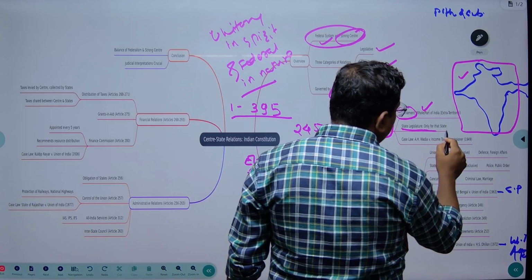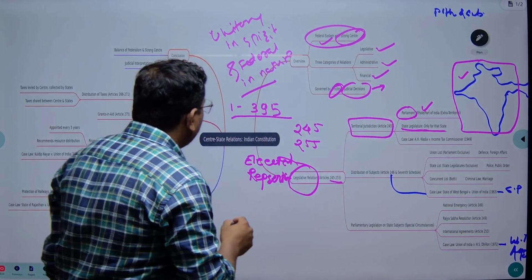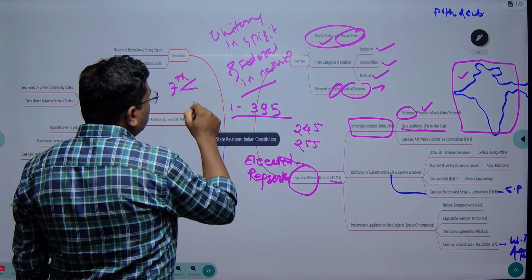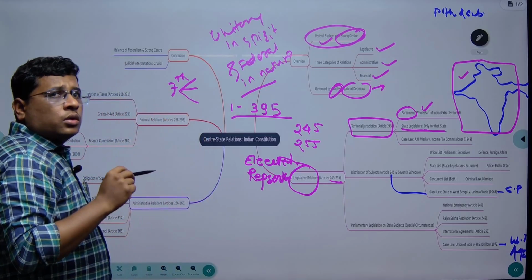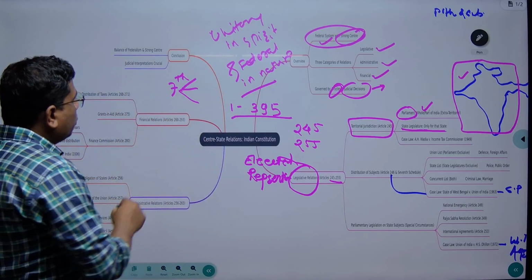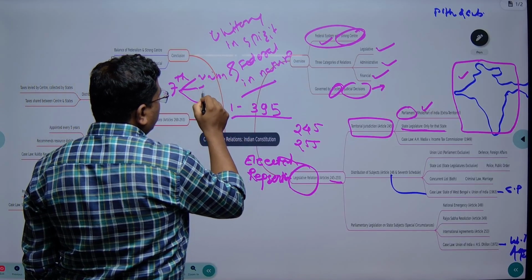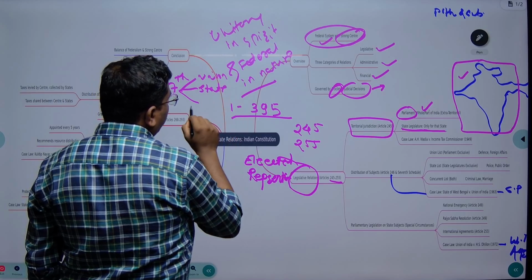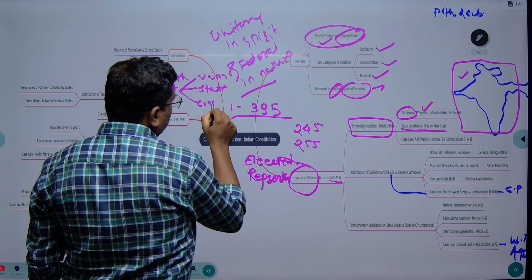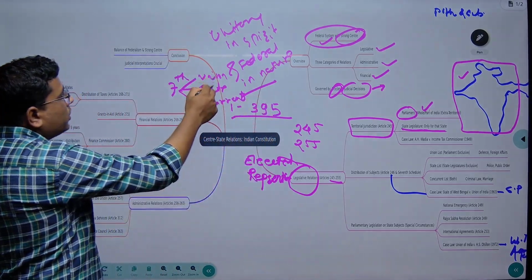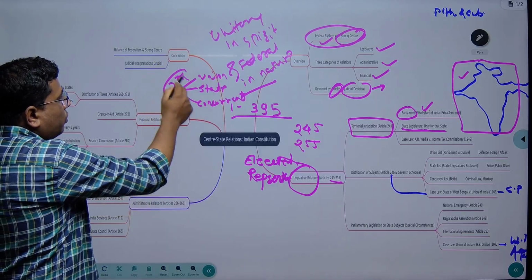Then the legislature is only for the state. So we know the seventh schedule. There is a categorization of the subjects allotted to the union, the state and the concurrent list. So union list, state list, concurrent list in the seventh schedule.